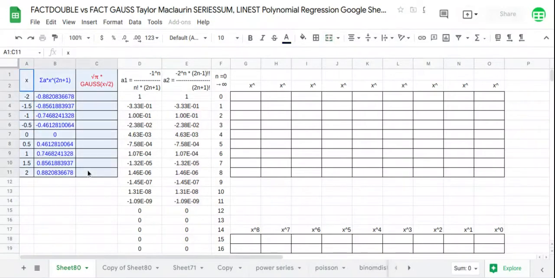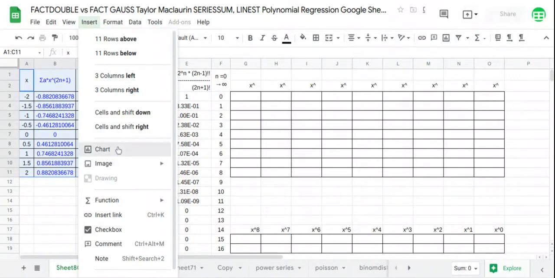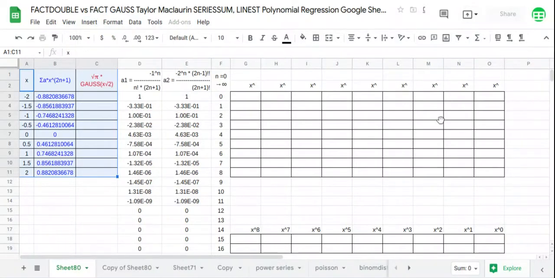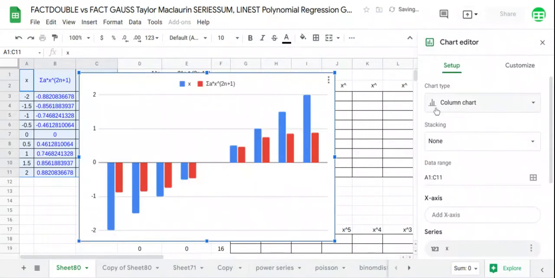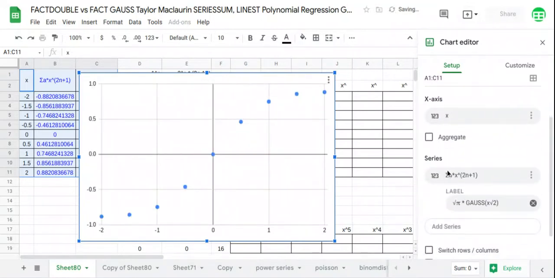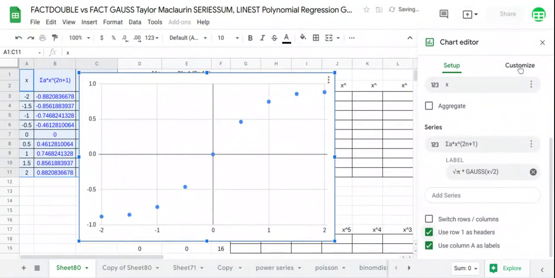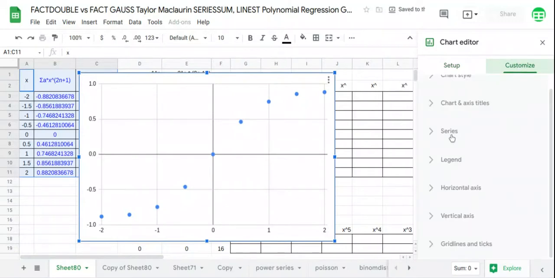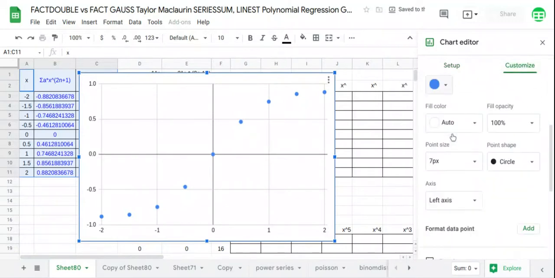And we chart this. Insert chart. And we use scatter chart. Row 1 as header. And we show the trend line.